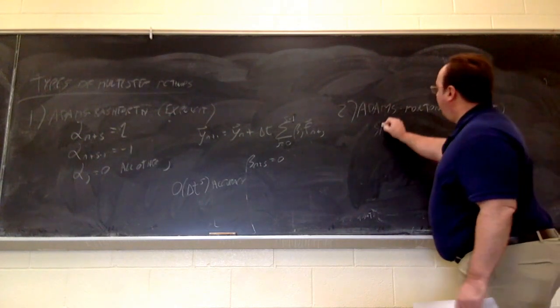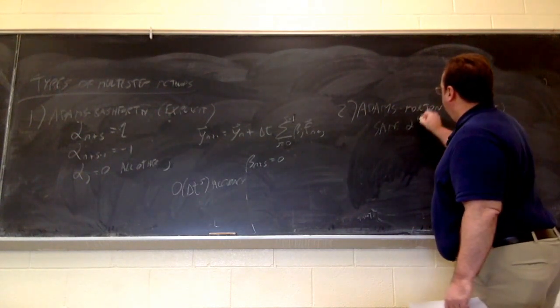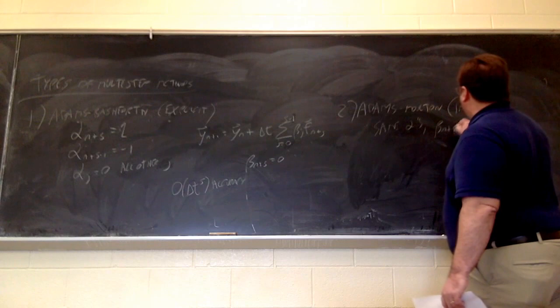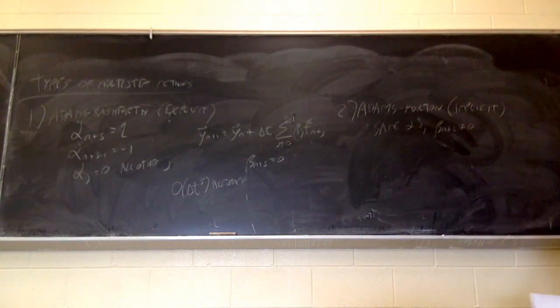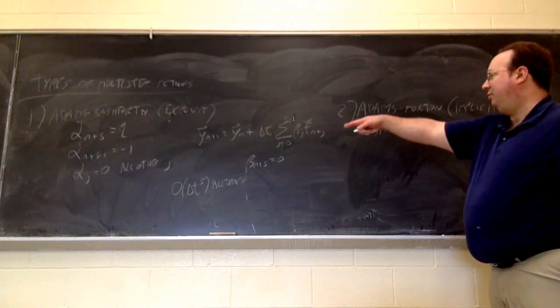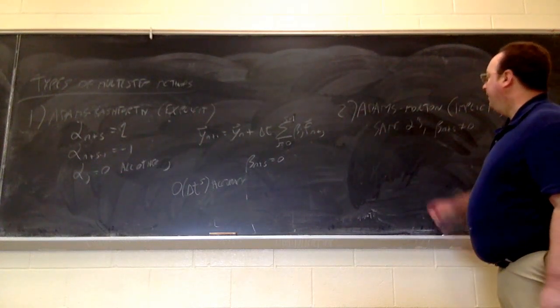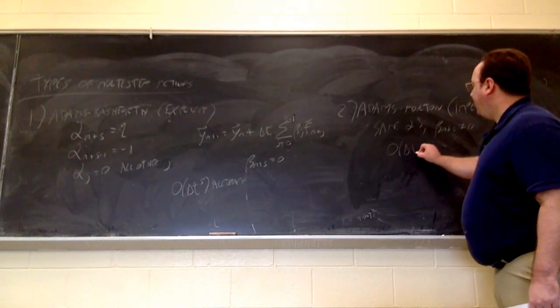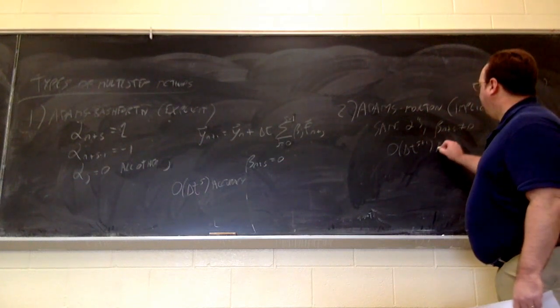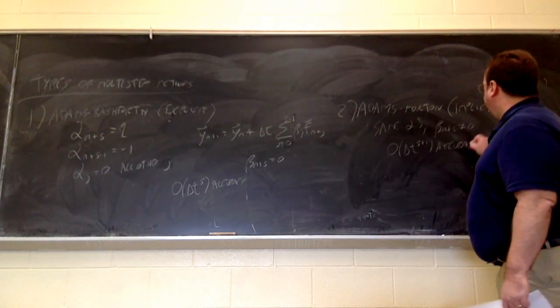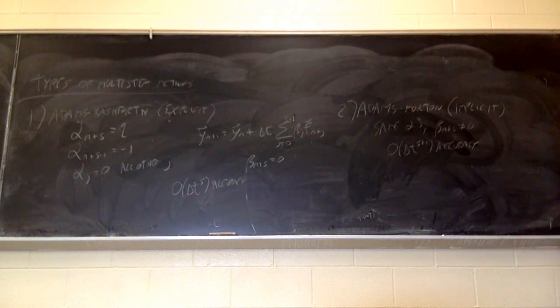That has these same alphas, but beta n plus s is non-zero to make it implicit. So except for the sum going from 0 to s, it has the exact same form. And order delta t to the s plus 1 accuracy because of the extra evaluation of f.